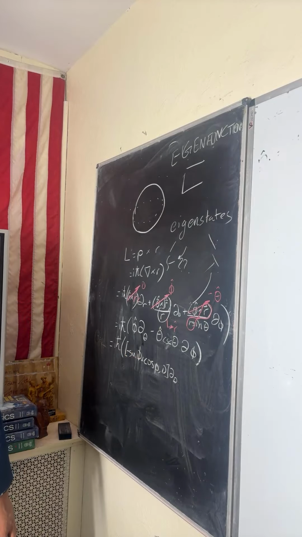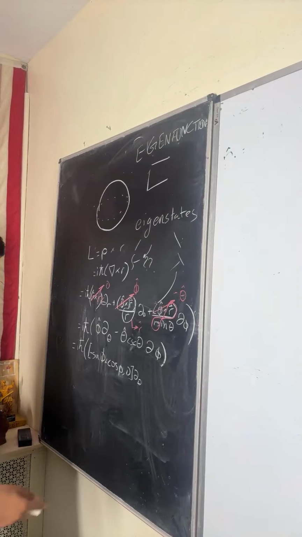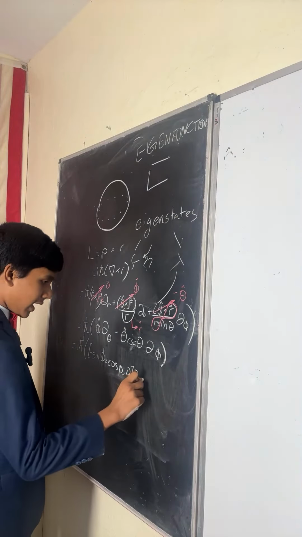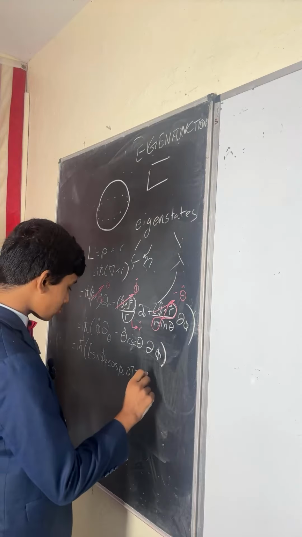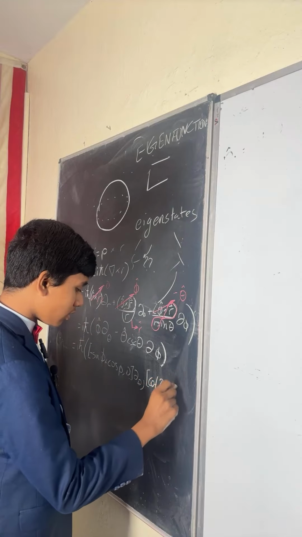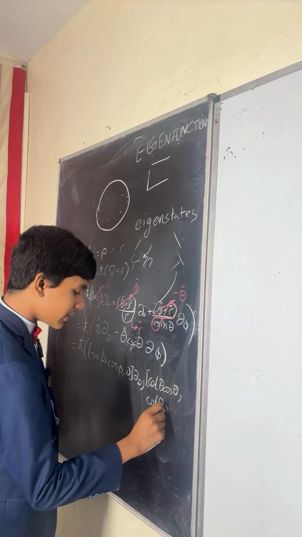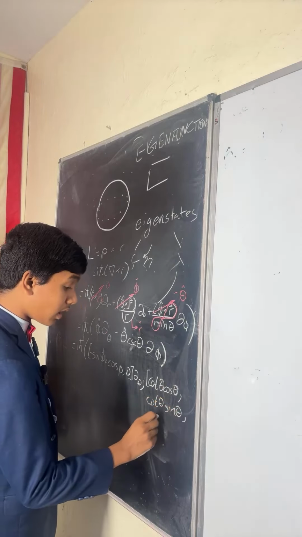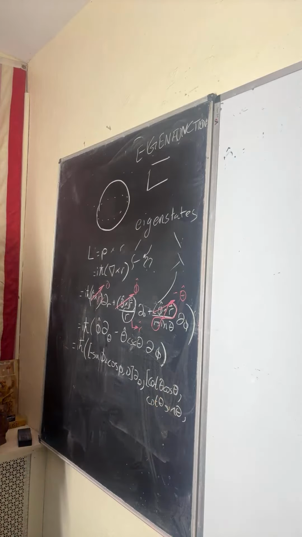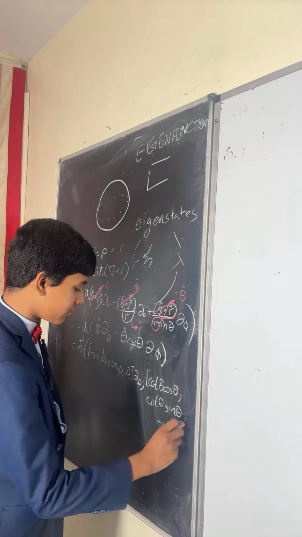And cotan theta cosine phi, cotan theta sine phi, and the last component, it's just minus 1, multiplied by partial phi.